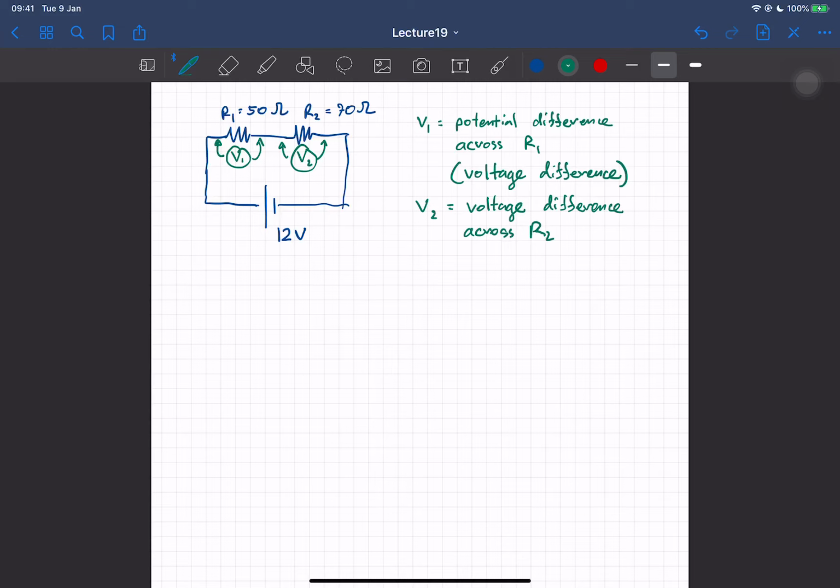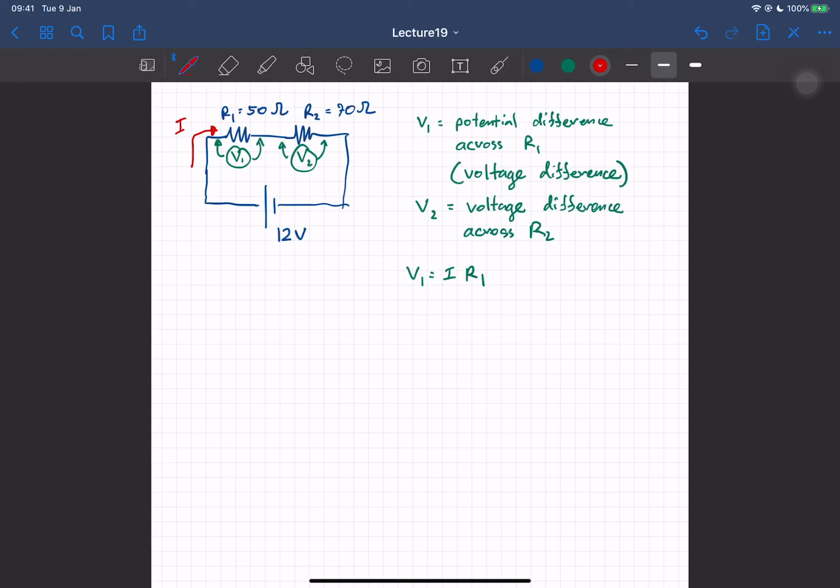And what does Ohm's law tell us? Ohm's law tells us that V1 is I times R1, where I is the current flowing through R1. So if we know the current, which we don't now, but we're going to know later, we can calculate V1 by simply multiplying 50 ohms by I, and that's going to be V1.